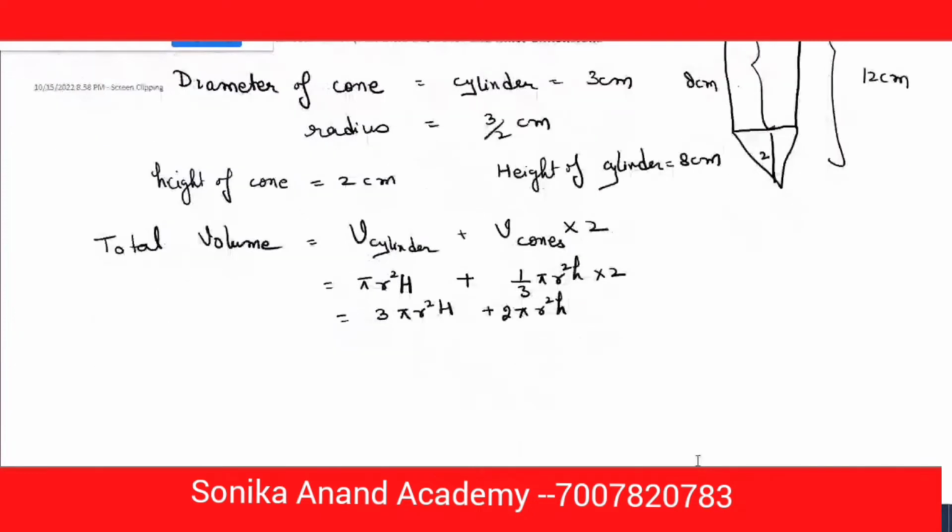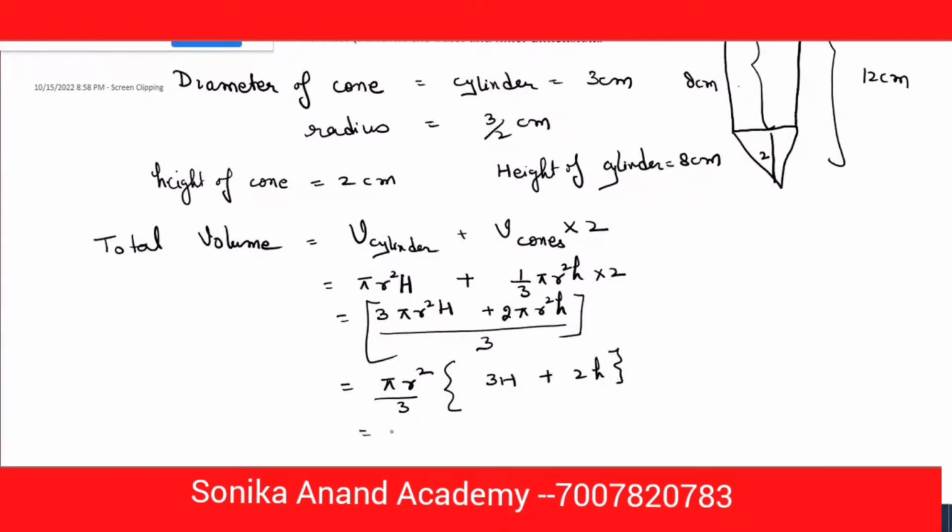And we take 3 as a common, as an LCM. So the common things we have pi r square by 3. Now here we have 3H plus 2h. So 22 by 7 into 3 by 2 into 3 by 2 into 1 by 3 into 8 into 3 plus 2 into 2.